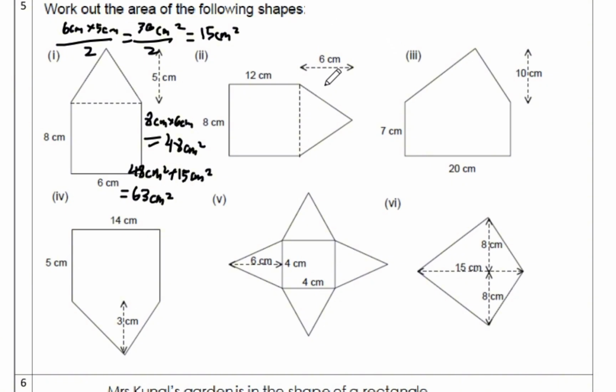Now same goes for here, we can calculate the triangle first. So 8 cm times 6 cm over 2, we will get 48 cm square over 2, which is 24 cm square.